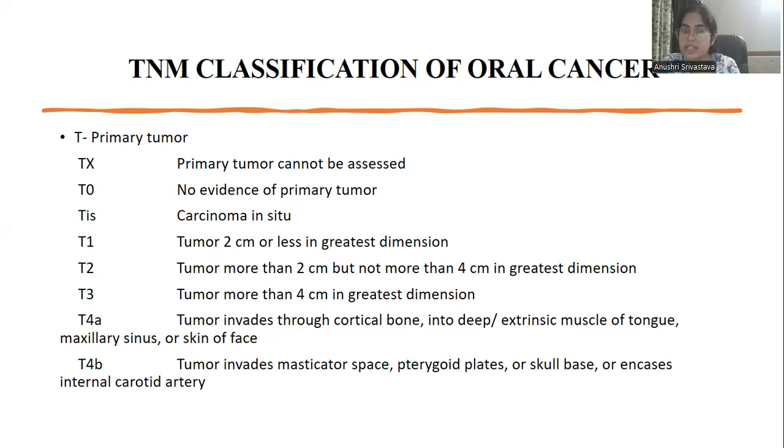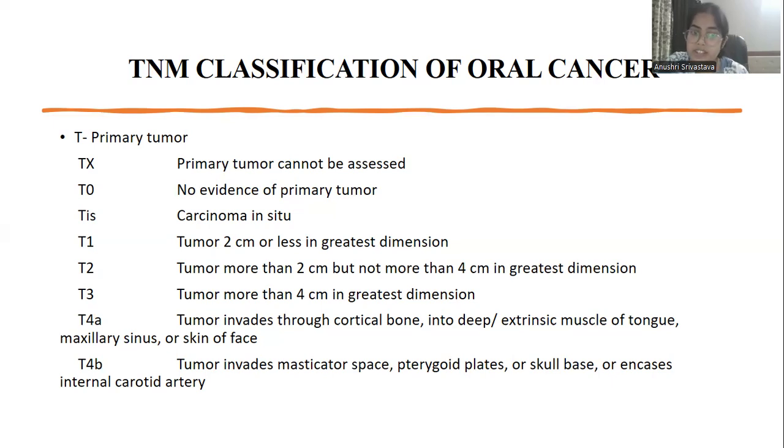Then tumor 2 centimeter or less in greatest dimension, we will give T1. If the tumor is more than 2 centimeter but not more than 4 centimeter, then we will give T2. Then if the tumor is more than 4 centimeter in greatest dimension, we will give T3.